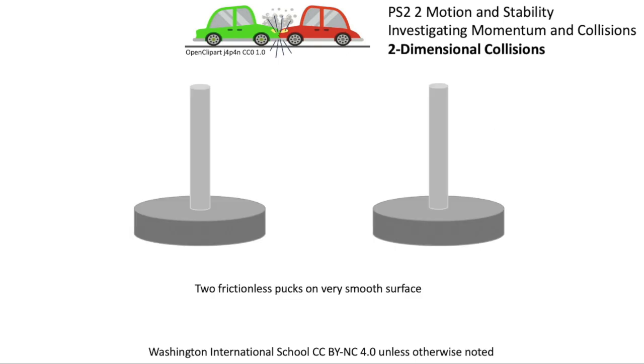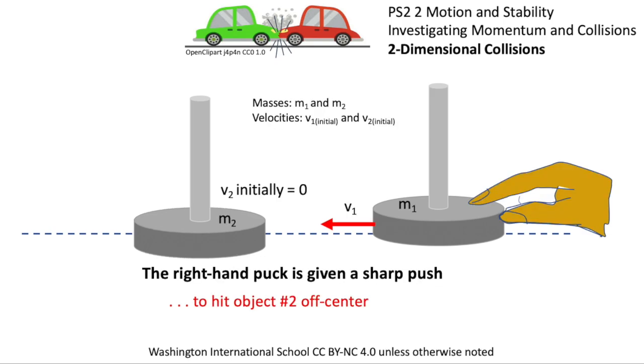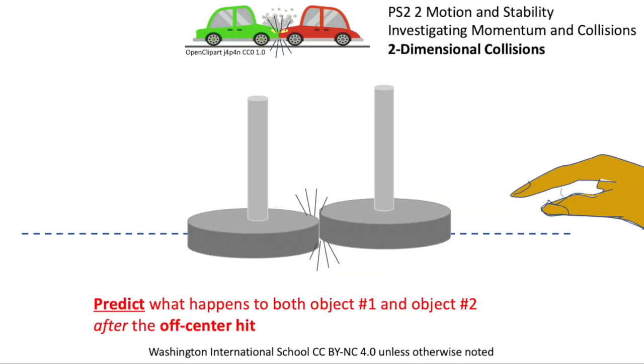Both pucks are on a smooth surface, and here the object on the right hand side is going to be pushed off center to hit the second puck, and you've got the initial speed of the stationary puck being 0, and the right hand puck will be given a velocity. So again, pause and predict what's going to happen with an off-center collision.